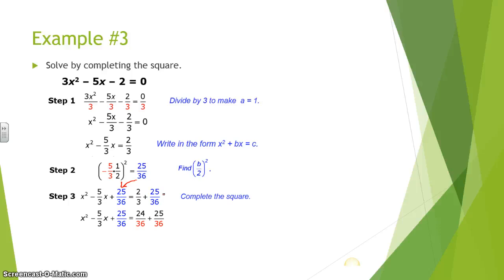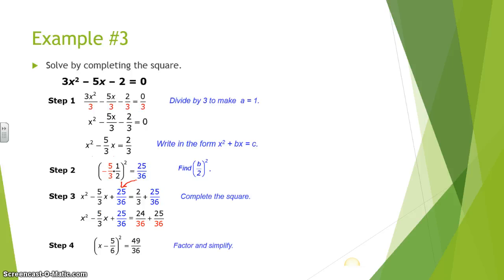So we complete the square, and what we end up with here is we are going to add this 2 over 3 plus 25 over 36. Remember, you have to find common denominators. So what you have here is x squared minus 5/3 x plus 25 over 36 equals 24 over 36 plus 25 over 36.